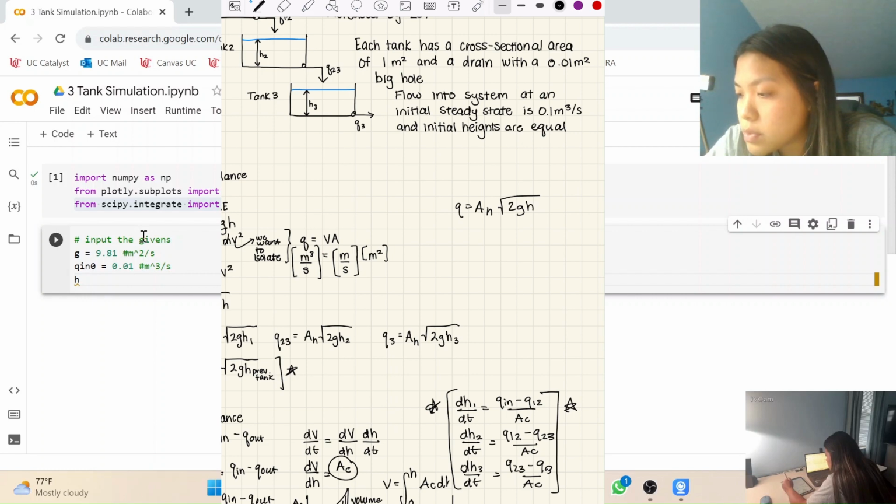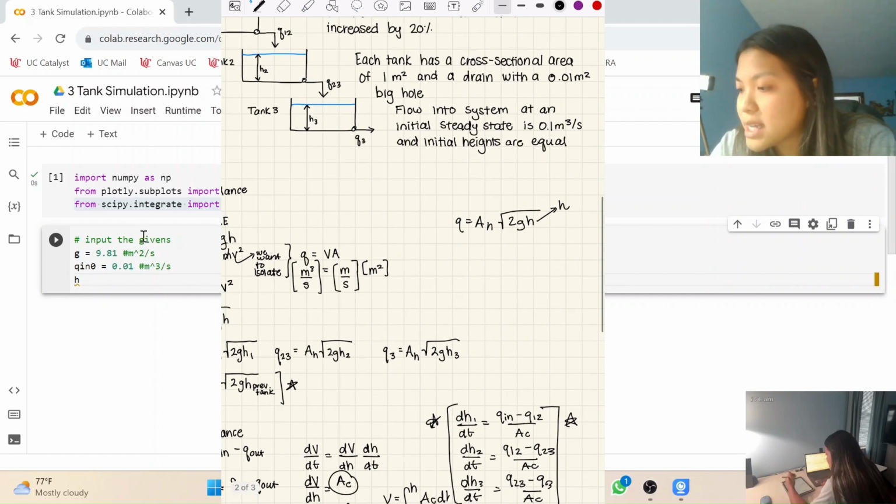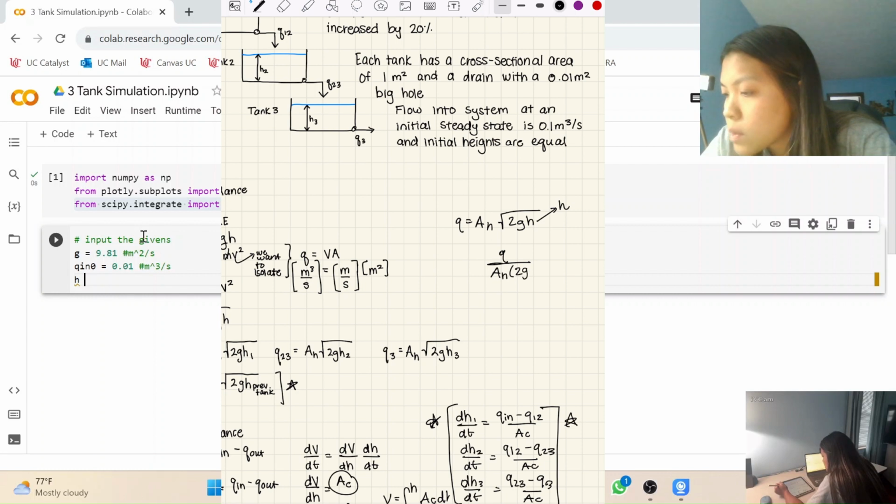Well, now what we want is to actually achieve this height in code. And so, kind of reverse isolation, we're going to isolate the h instead. So that's going to give us the flow divided by the hole of the drain times 2 times the gravitational constant squared, divided by... that's not right.